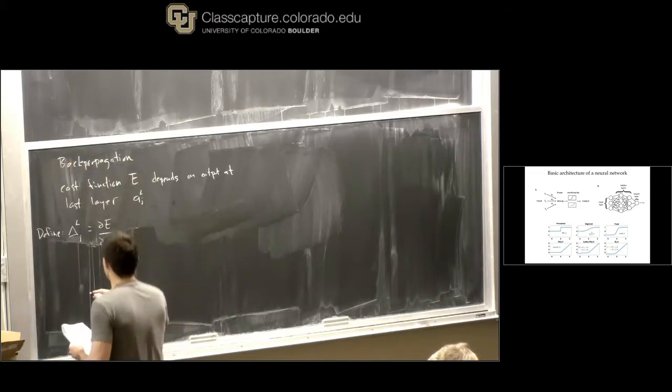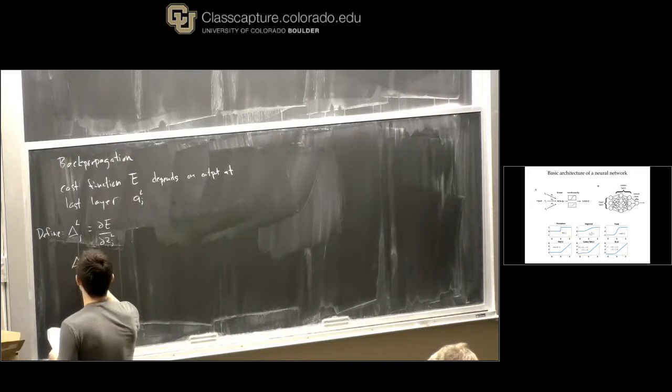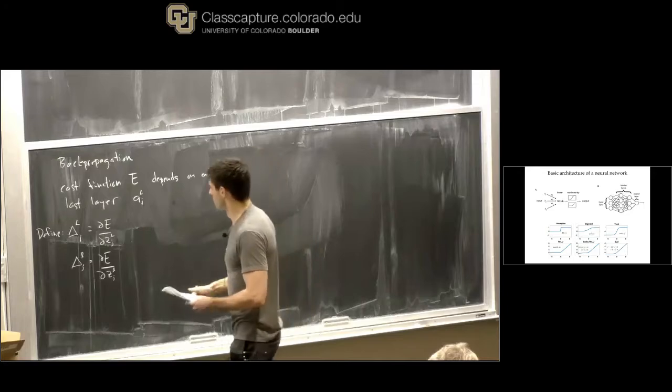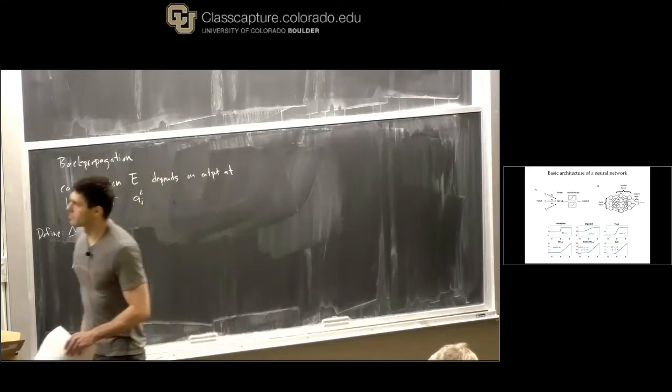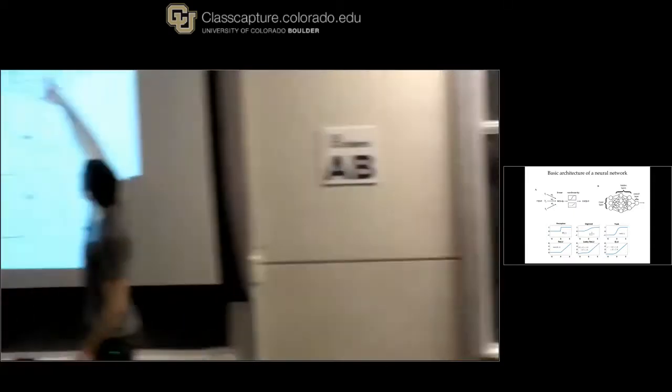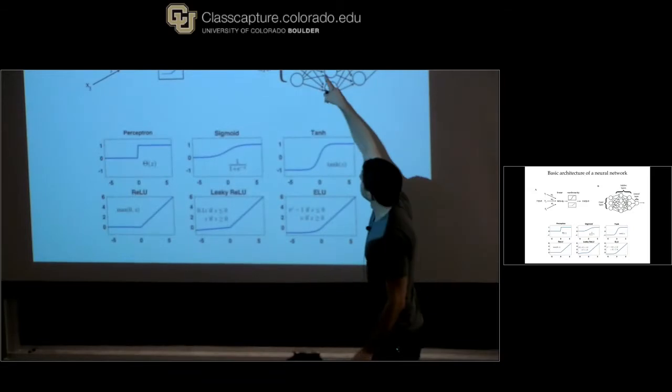We should also define a similar quantity in a general layer, which is the derivative of the error with respect to the Z in some general layer L. The inputs to some neuron only affect the error at the end through the outputs of the neuron.